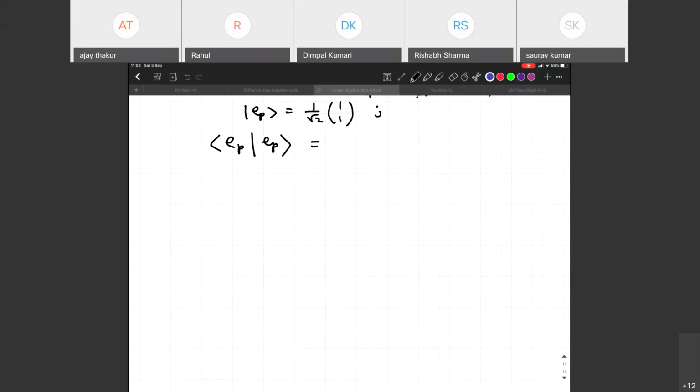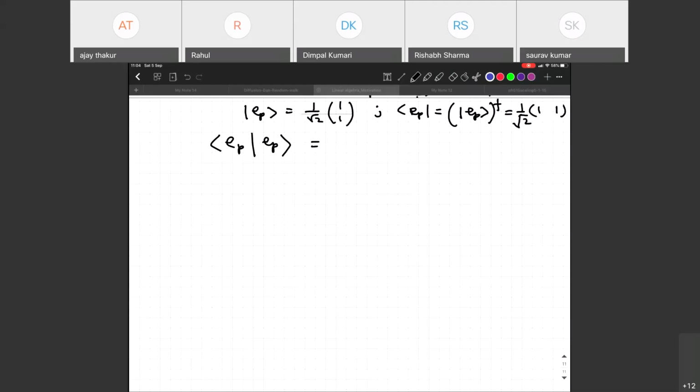So therefore E_P dagger is the transpose conjugate of this, which is going to be 1 over root 2 (1, 1).